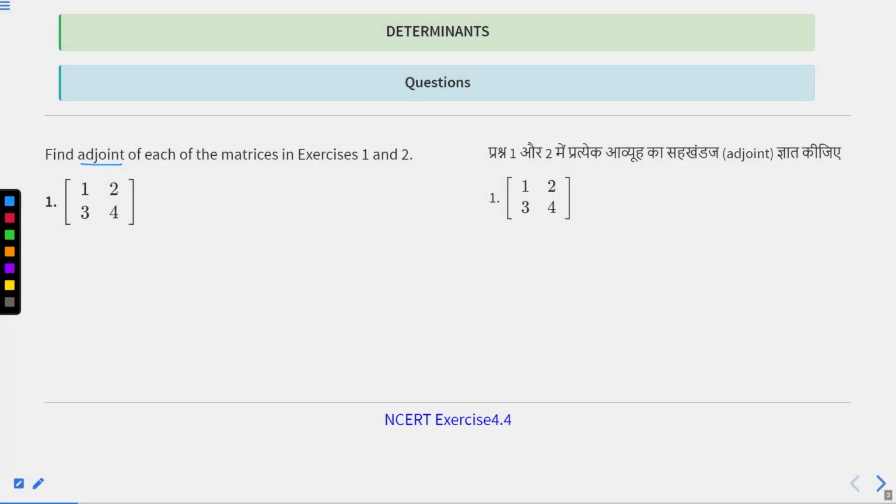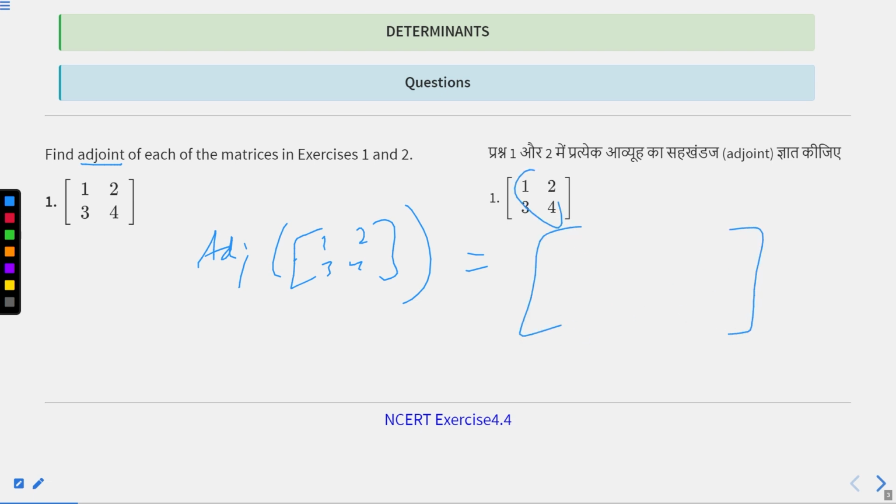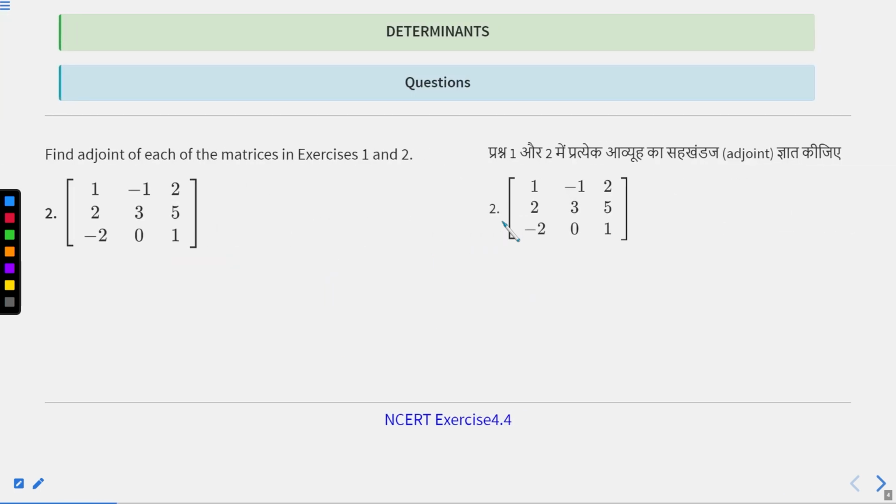So here, the adjoint of this given matrix 1 2 3 4 will be: just interchange the main diagonal positions, 4 and 1, and put a minus sign on the remaining positions. This will be your adjoint. Simple. Now for the 3 cross 3, you have to go by the conventional way, which means you evaluate the cofactors and then transpose it.